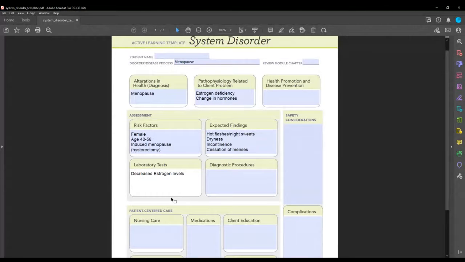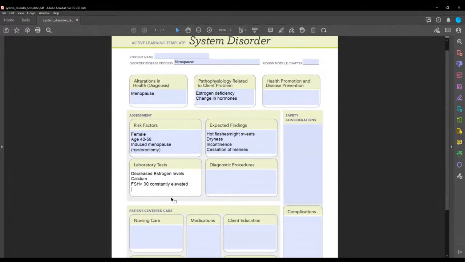So what we'll actually check is the FSH, or the follicle stimulating hormone. And when we see that it is greater than 30, constantly elevated, and also coupled with the cessation of menses, then we can diagnose menopause.